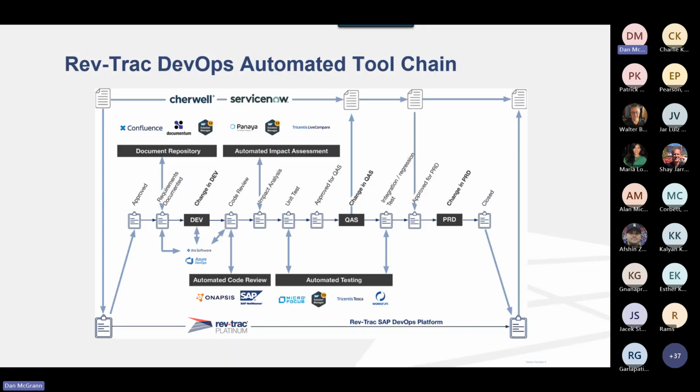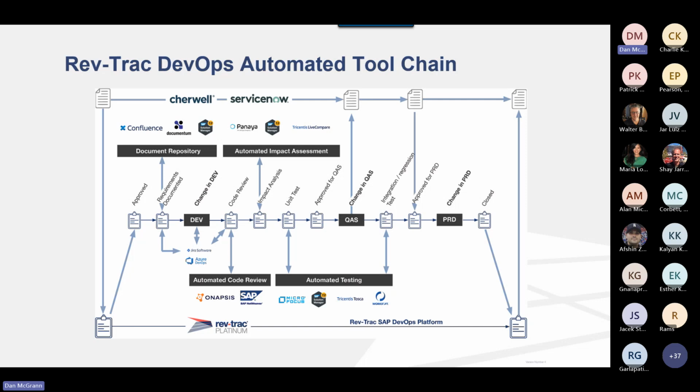Here is a little bit different view of a similar type of DevOps tool chain or CI/CD pipeline that you can achieve very easily with Rev-Trac. We're showing all these other products in here in the different categories, such as ITSM solutions or backlog management tools, the code review and impact assessment. So really, Rev-Trac is controlling that process in a very flexible way.